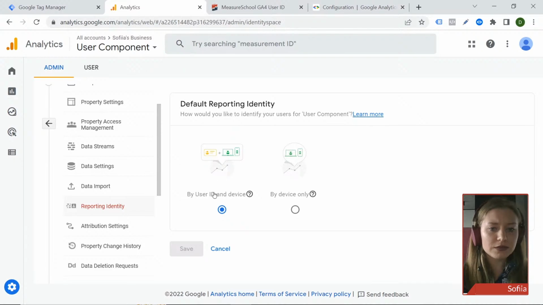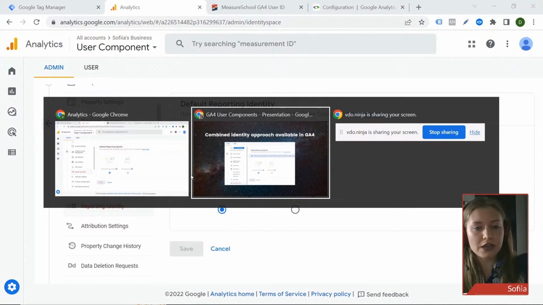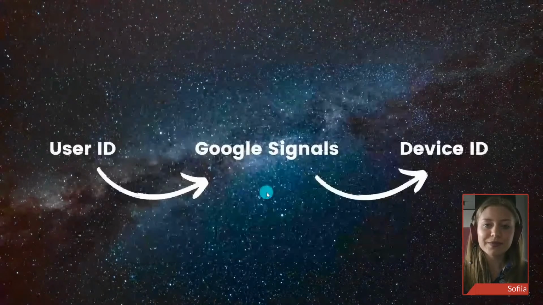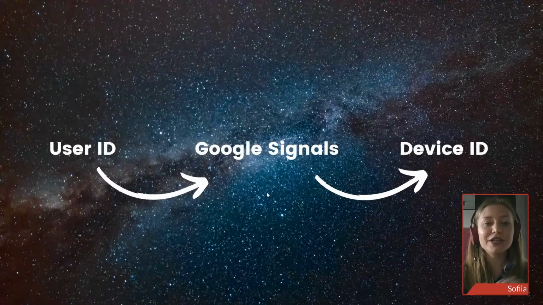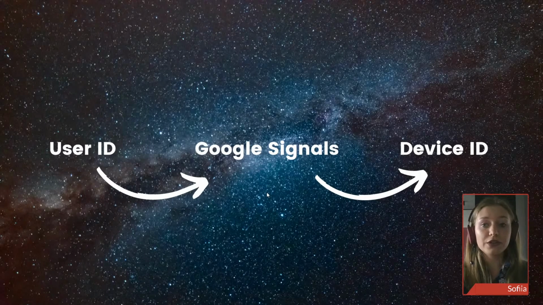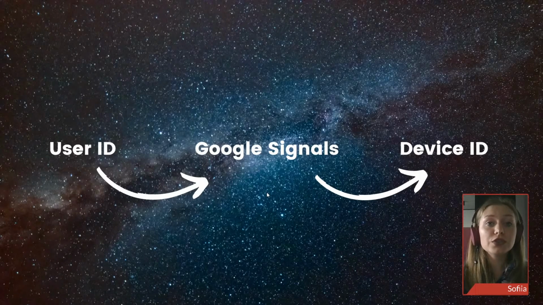And let's dive into it. Let's try to understand what it actually means. Let me go back to my slides. And this is just a schema of how it works. So if we choose the first option, by user ID or device ID, here we can say, I would love to use user ID, some kind of identification.